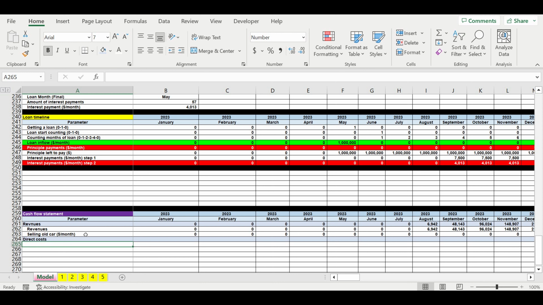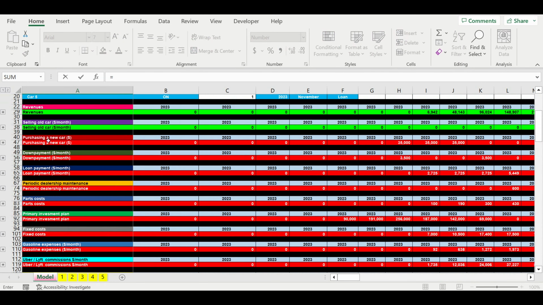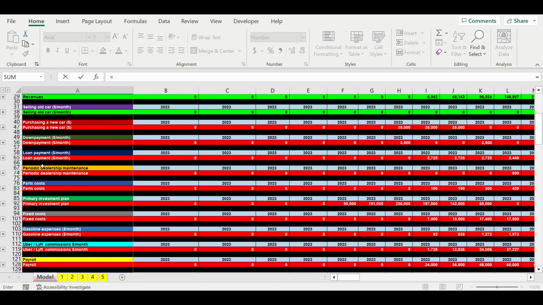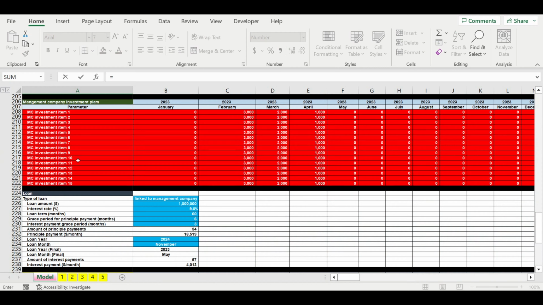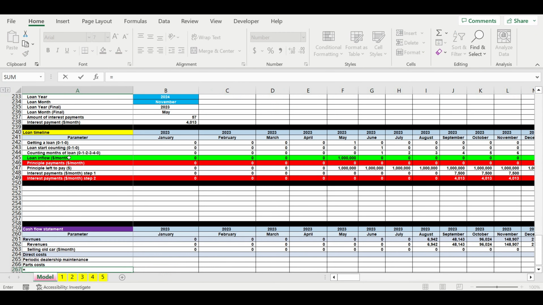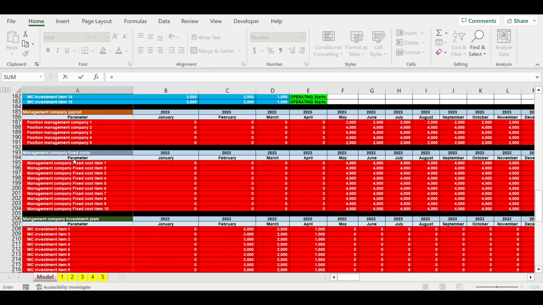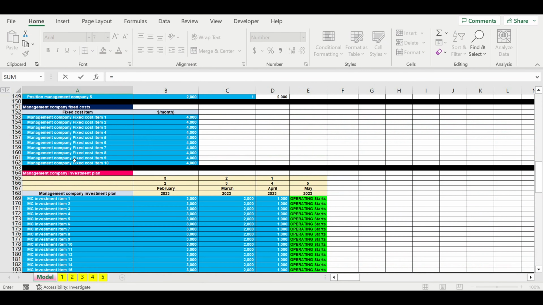So direct costs will be, we're going up: purchasing a new car, it is investment, down payment, financing activity, loan, dealership maintenance. We are putting dealership maintenance here. What else? Parts. We're searching for all red and green lines: red for costs, green for revenues.